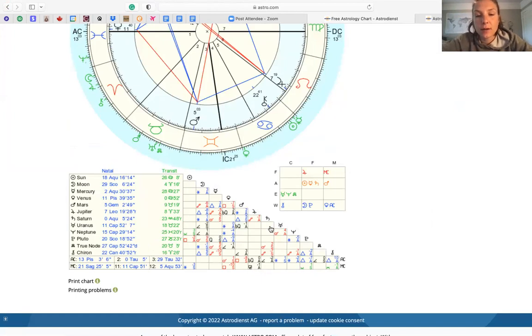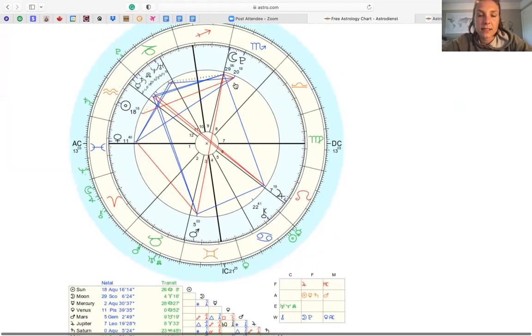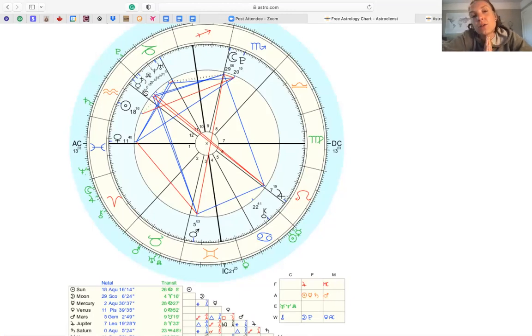This person has quite a bit of blue in their chart. Okay, let's see something that's interesting. I noticed there's a moon sextile Mercury, which is kind of interesting. So this person has their moon at the 29th degree of Scorpio, and Mercury is at 2 degrees of Aquarius, which is interesting because normally those energies would square. But in this case, given the degree points they're at, they actually have a little bit of a sextile.